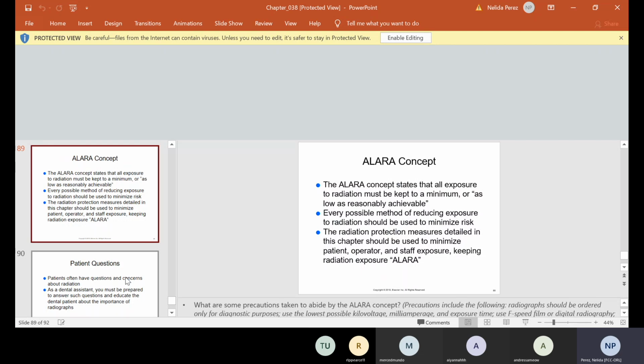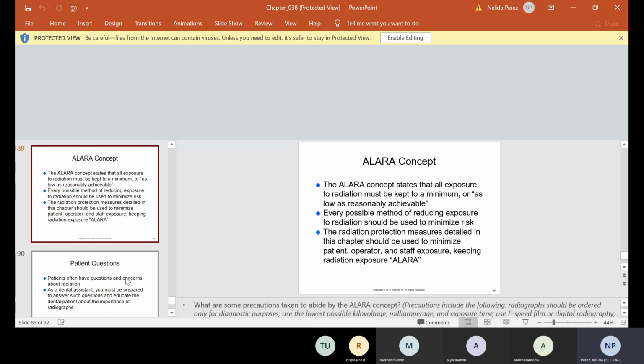Now we want to follow this concept, and I'm going to tell you right now this is on your exam. The ALARA concept states that all exposure to radiation must be kept to a minimum. ALARA means as low as reasonably achievable. Remember that because it will ask you what ALARA means.